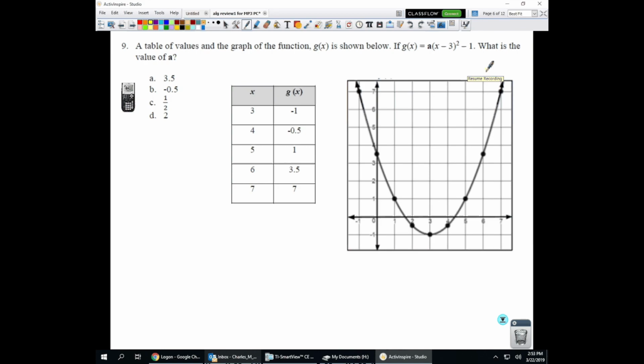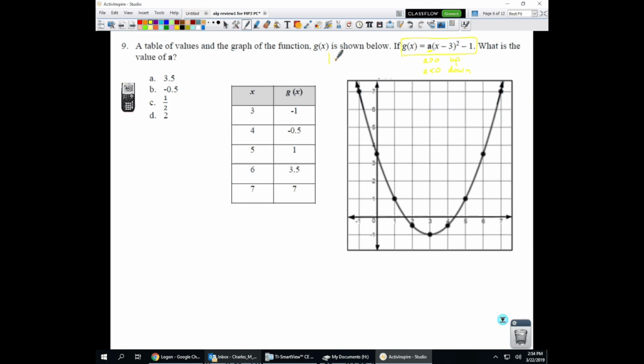All right, so number 9, we have both a table and a graph to represent a quadratic function. And we know most of the equation, we're only missing the a value. Now remember, a controls two aspects of the graph. If a is positive, it opens up. If a is negative, it opens down. But a also controls the steepness or the width of the parabola.